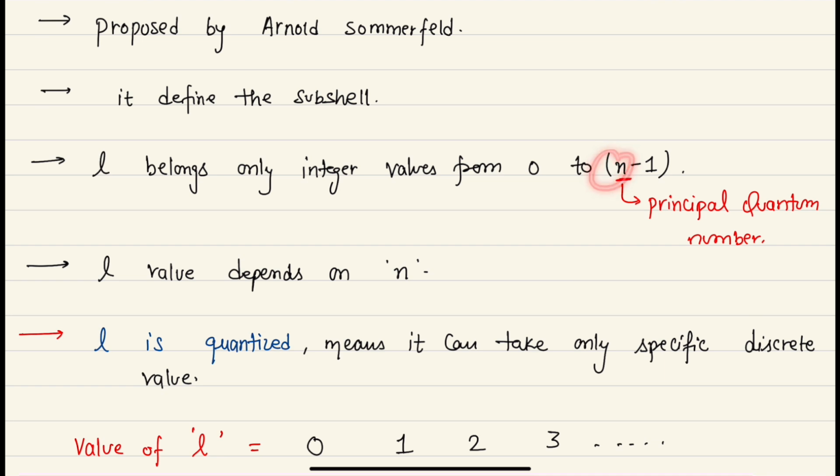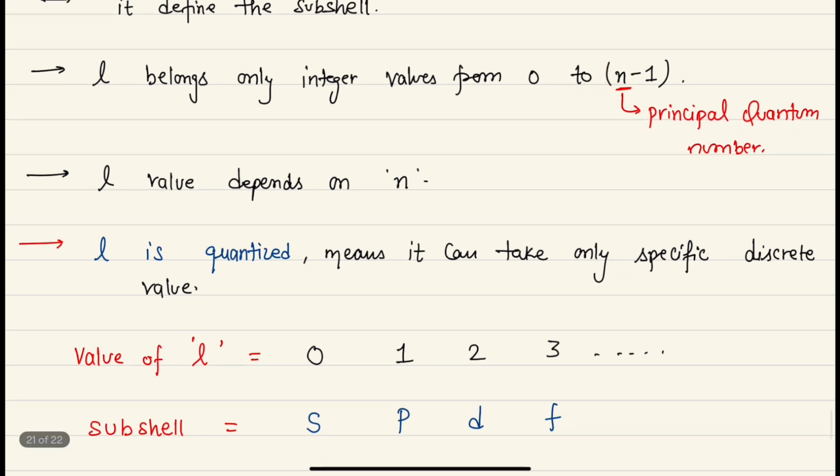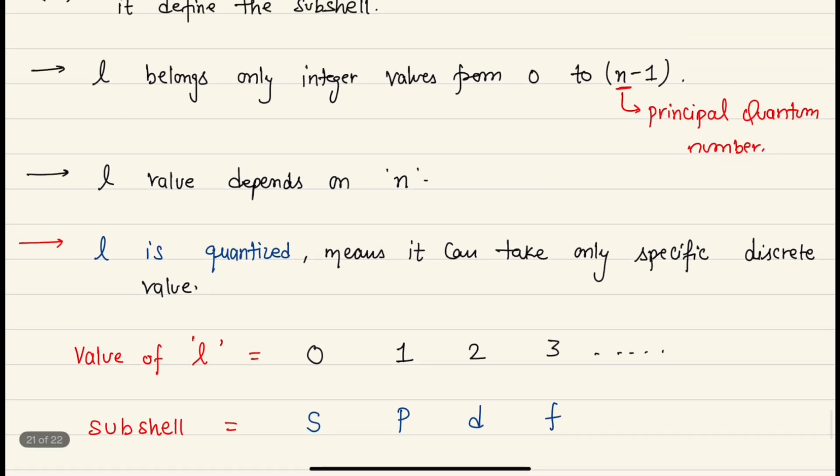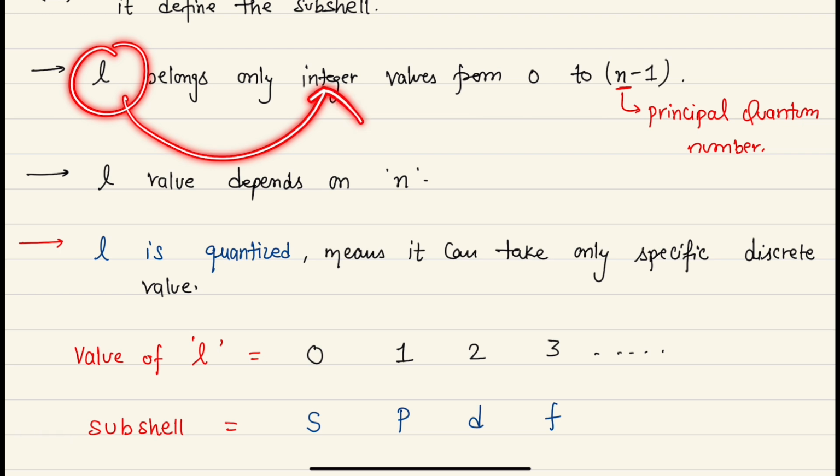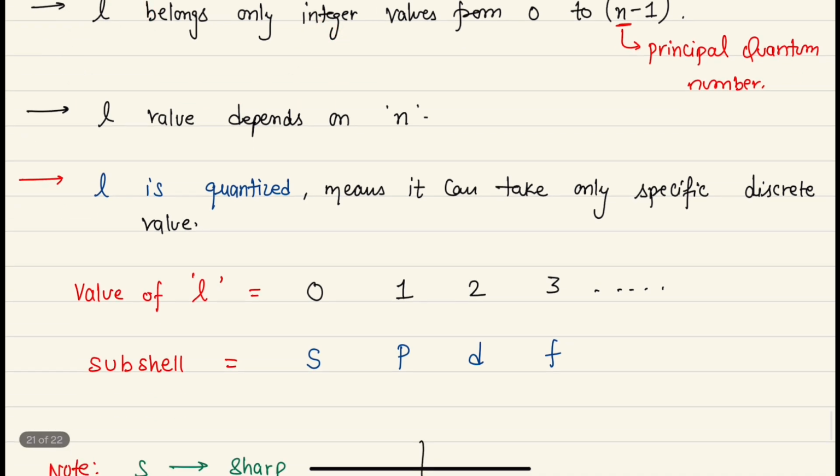And this n is called the principal quantum number, okay? It means L value depends on n also. Clear, everyone? Okay. Now, because L value can take only integer values, it means L is quantized. It means it can take only specific discrete values.